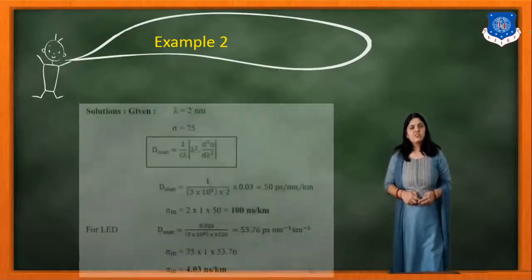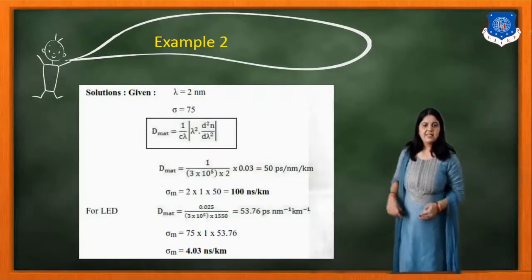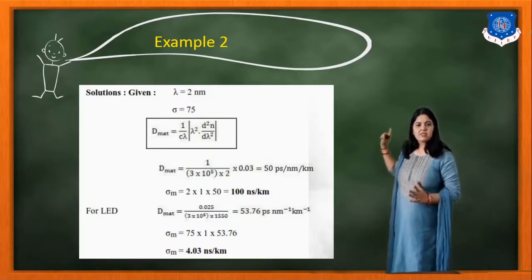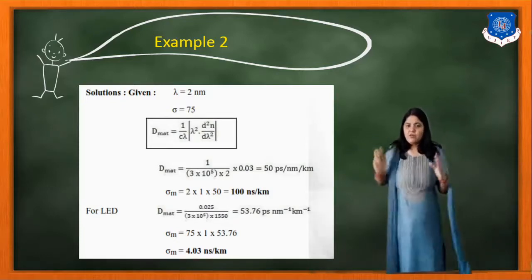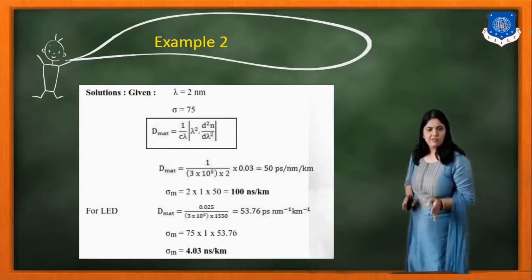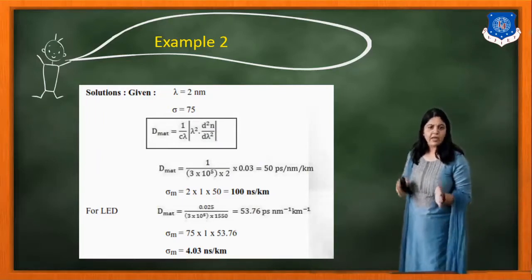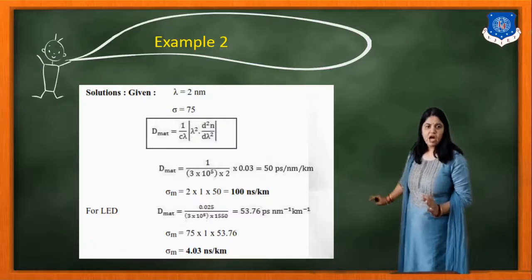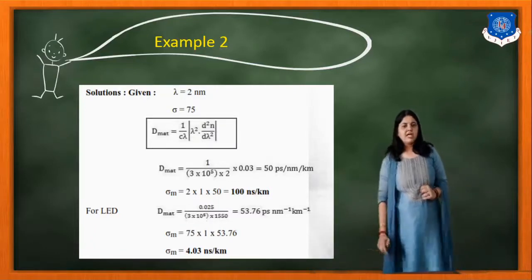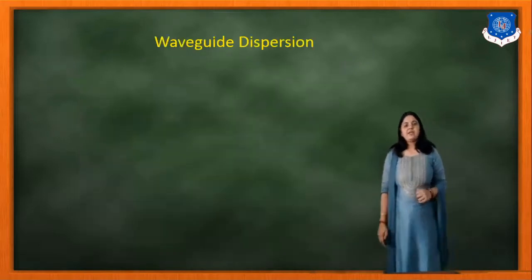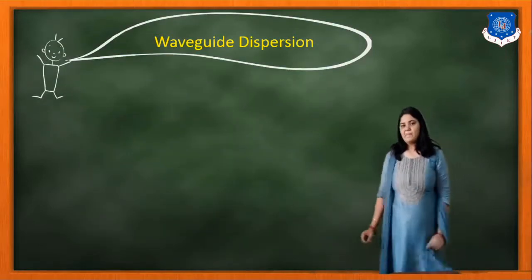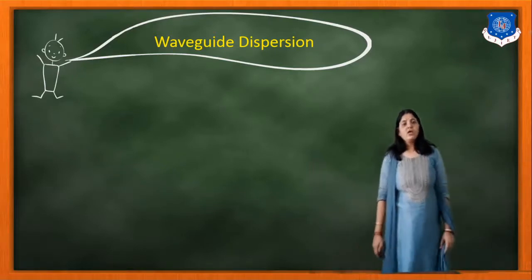So now we'll solve this example: sigma is equal to 2 nanometer for the laser diode and 75 for the LED. We have the equation of the material dispersion. Put all the values in that and we can find the values. This way you can solve the examples related to material dispersion, and also the examples related to bending loss.